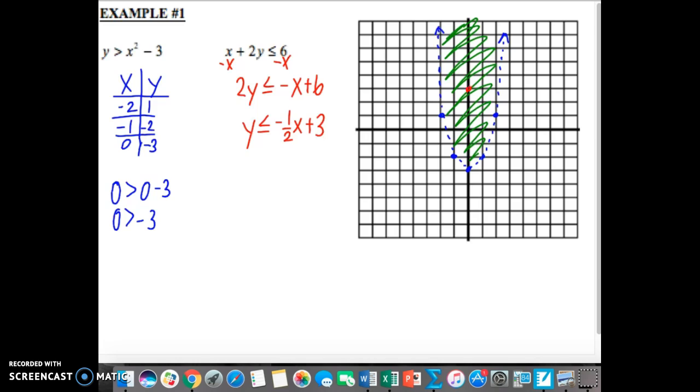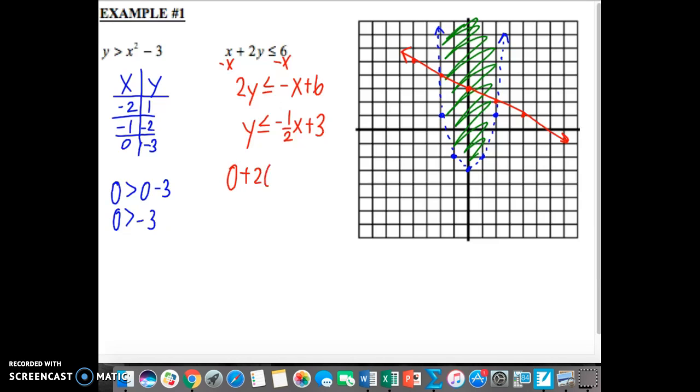inequality. So our y-intercept is at 3, and then we have a slope of -1/2, so down 1, right 2, or up 1, left 2. And since this is less than or equal to, it's going to be a solid line. Now thinking of where to shade for this, let's plug in something that is not on that line. Again, the origin is a great coordinate to choose.